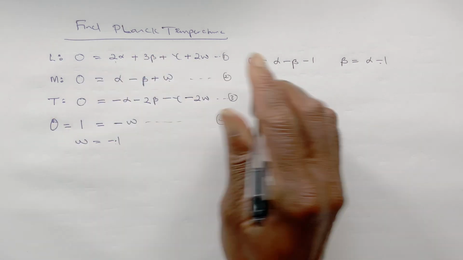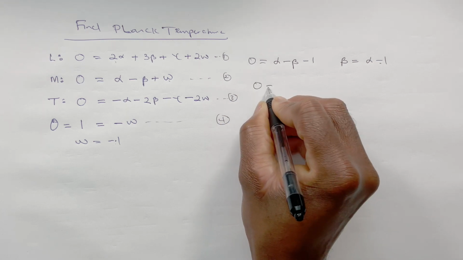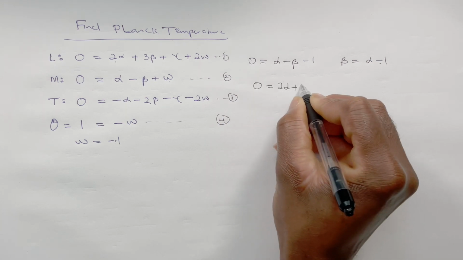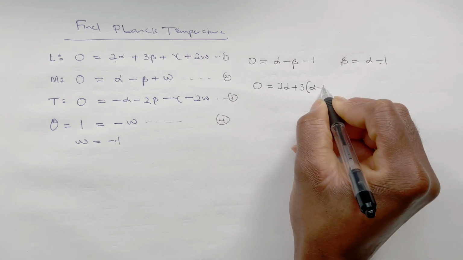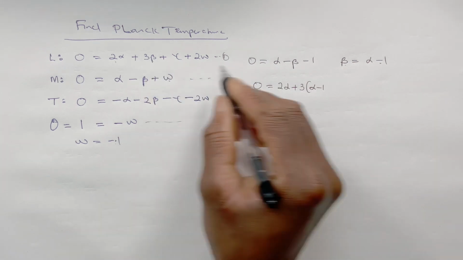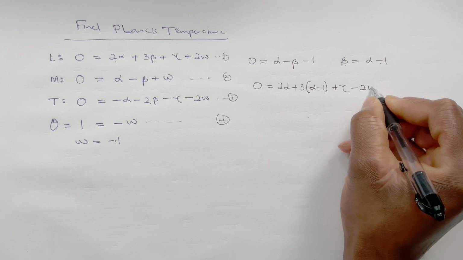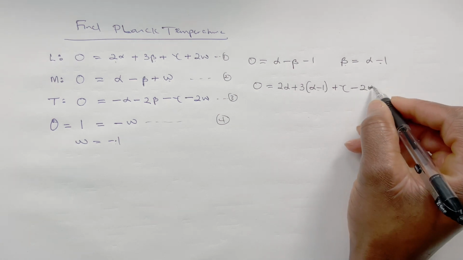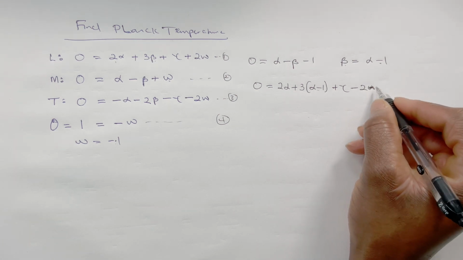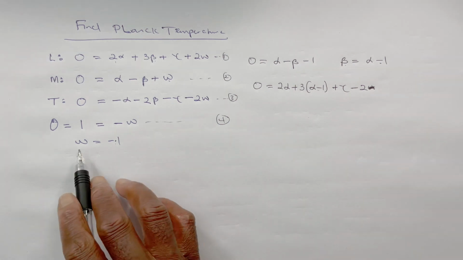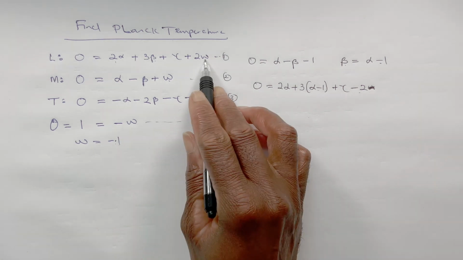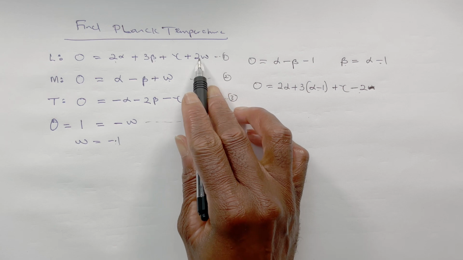So for equation 1, I get 0 equals 2 alpha plus 3 into bracket alpha minus 1, because I replace beta with alpha minus 1, plus gamma minus 2 omega minus 2. I replace omega with minus 1, so omega is minus 1, that'll be minus 2. That's 2 times minus 1 is minus 2.